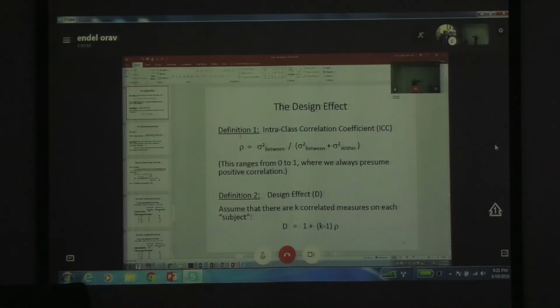So I don't need a full-blown study, but if you can measure people on the same sort of time schedule, so say baseline, their first measurement, and then 6 months later, give me 5-10 people like that. I can run an analysis that will give me the variability between and the variability within. From those two numbers, I can calculate the correlation. That will give me the design effect. And we'll be in business to design your ultimate study.